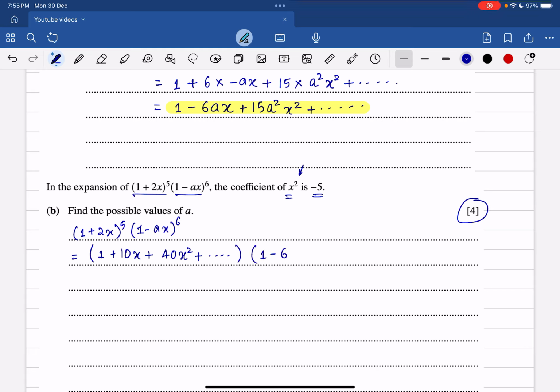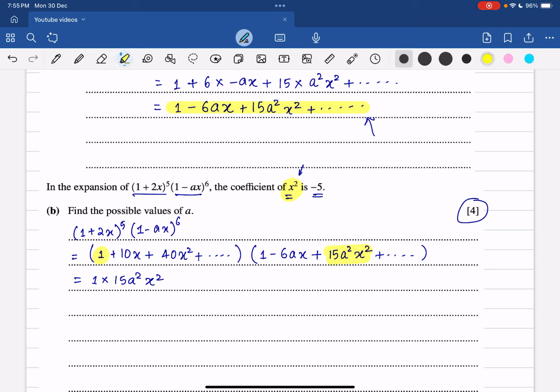The other one is 1 minus 6ax. I'm going to copy the one that I have written above. My area of interest is the coefficient of x square, which means when I multiply the constant from this one with x square, I will get an x square term. So 1 multiplied by 15a square x square.